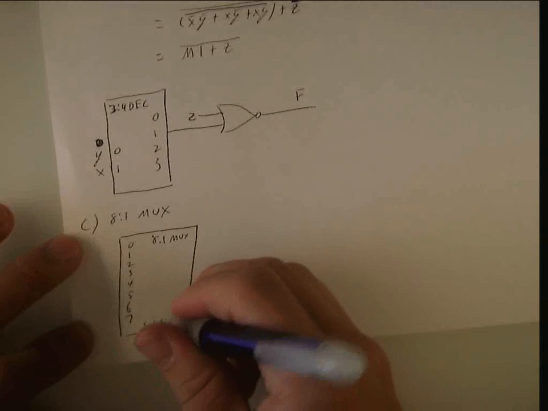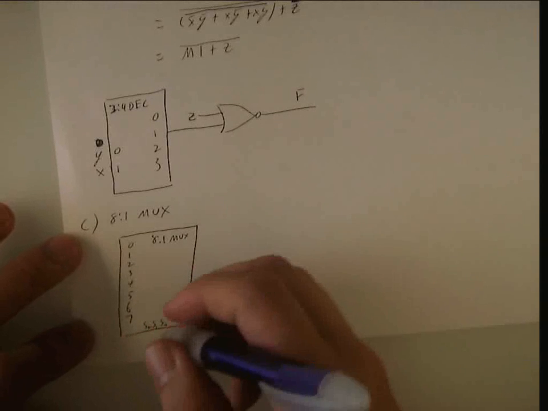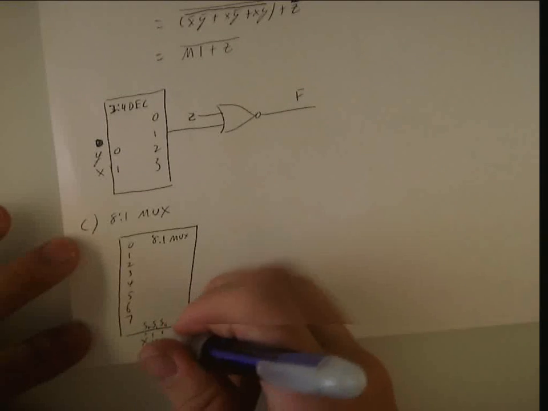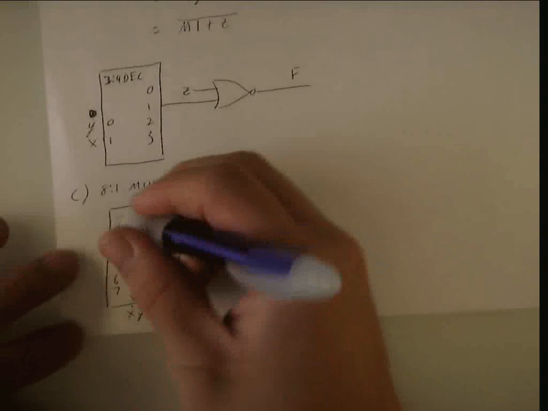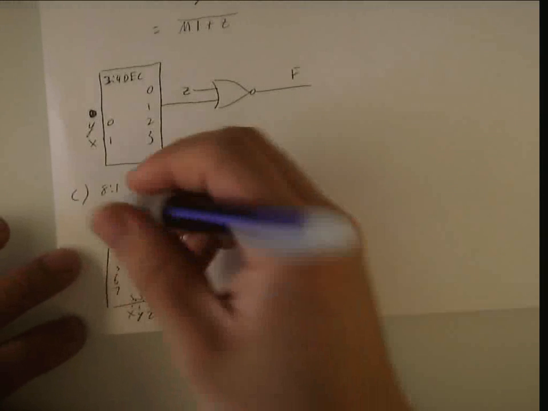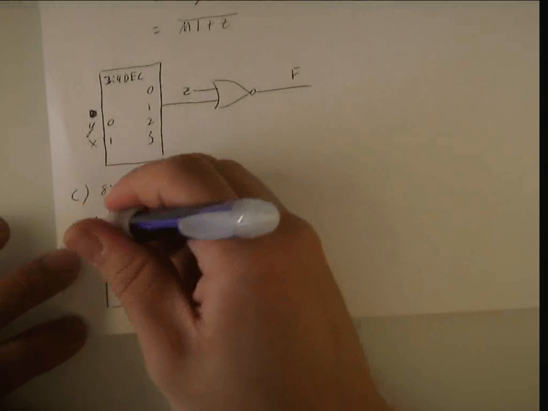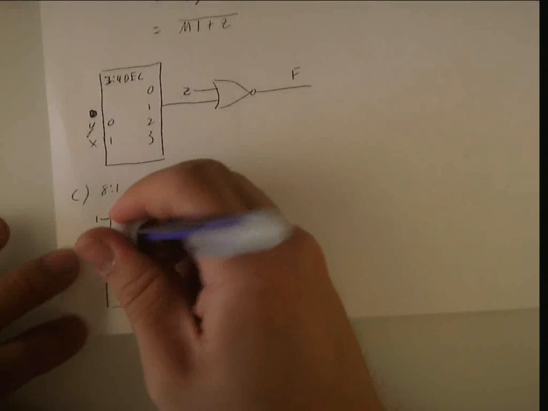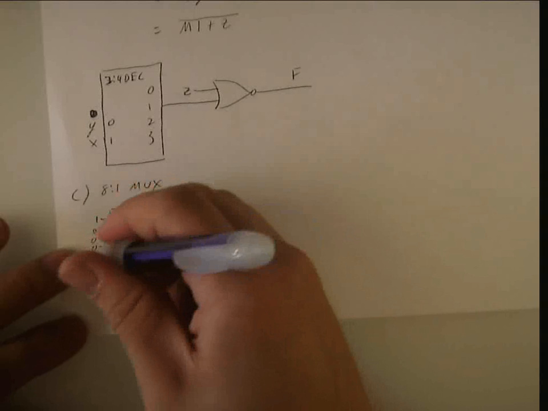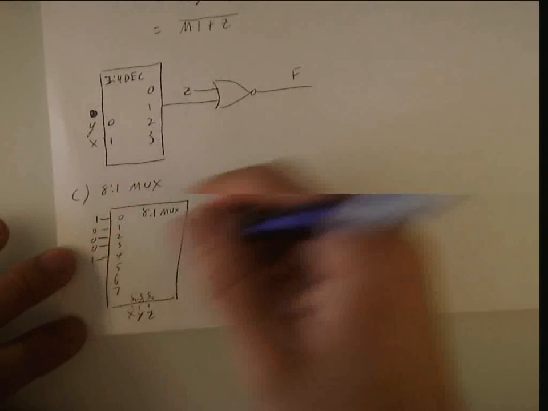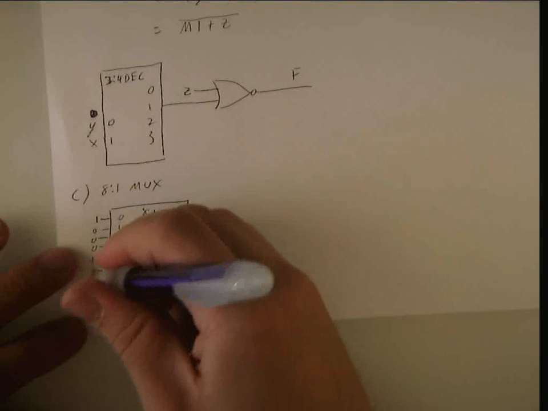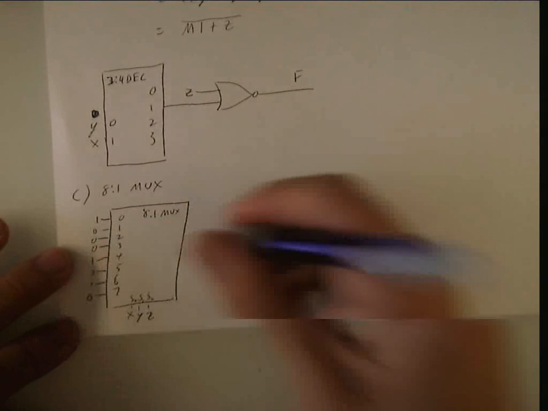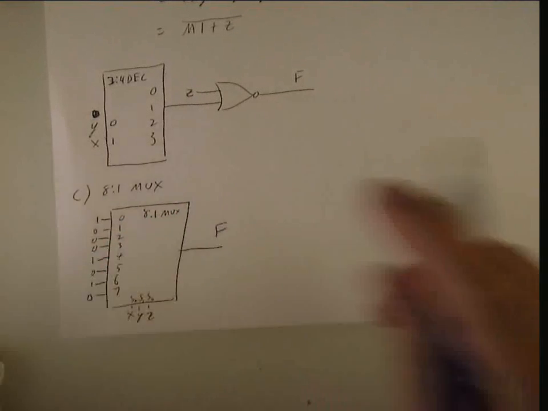S2, S1, S0. And I'm going to want to use X as my most significant bit, Y, and Z. And for my inputs 0 through 7, I will want a 1 at minterm 0, a 0 at minterm 1, minterm 2 is 0, minterm 3 is 0, minterm 4 is 1, minterm 5 is 0, minterm 6 is 1, and minterm 7 is 0. And that's my F.